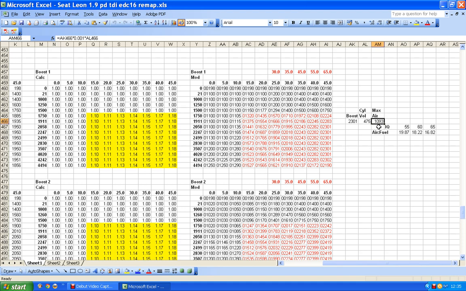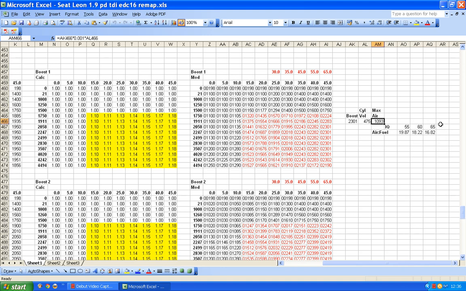Now, if I assume 55 milligrams of fuel and that much air, it will give me an air fuel ratio of somewhere around 19.87. So okay, not a bad figure. If I inject 60, it drops to 18.22, so still a perfectly okay figure. I often use 18 or 18.1, so 18.22 is perfectly okay.